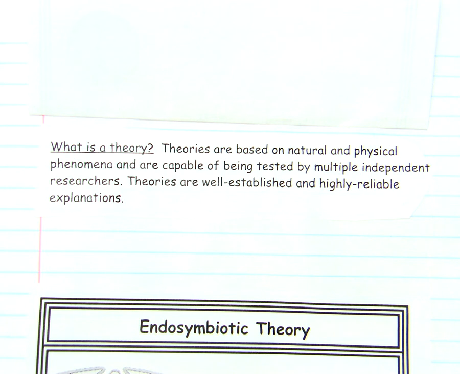The atomic theory, when you take chemistry next year, you'll spend some time talking about how it was developed and the changes that it's been through. They're all well established and highly reliable.